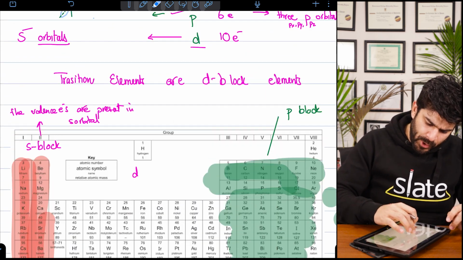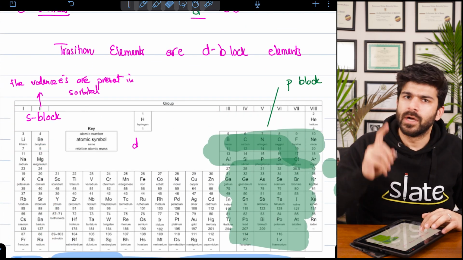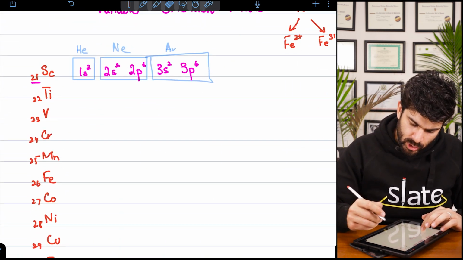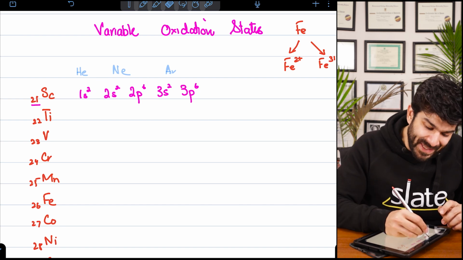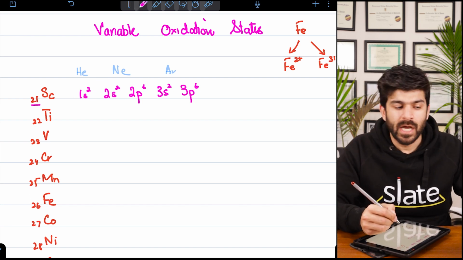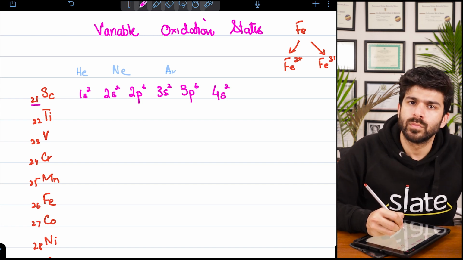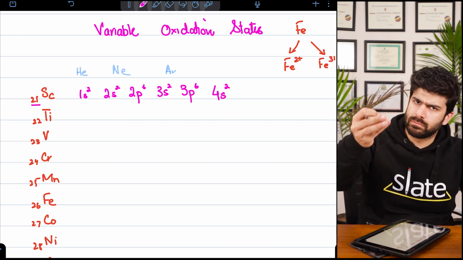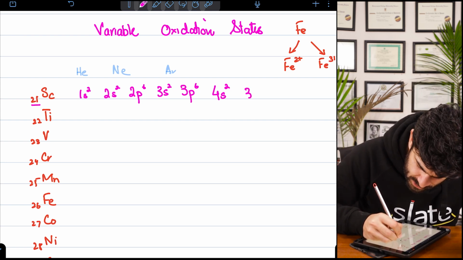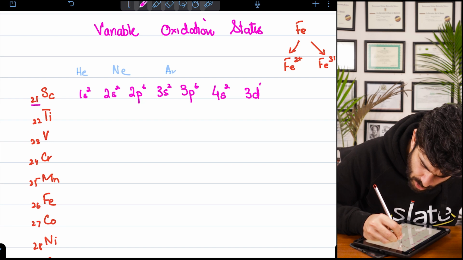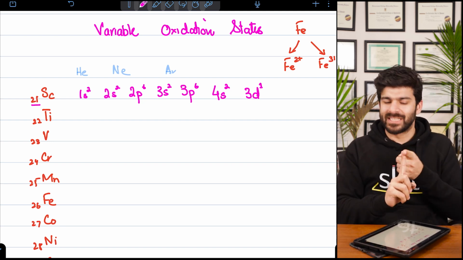After argon, if you look at the periodic table, it is first potassium and calcium, and they are s block elements. So that further proves that after this 3p6, we won't have 3d. We would rather have 4s2, which is for calcium, and then we are going to have 3d1. 4s comes first, then 3d.